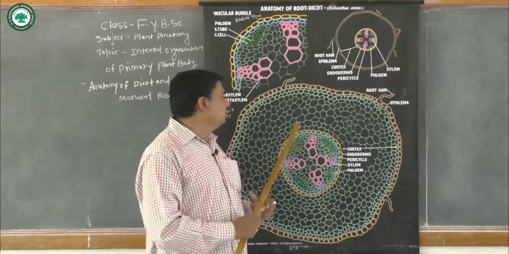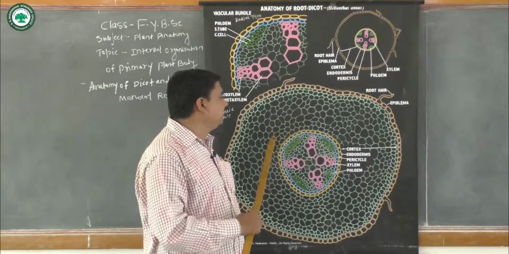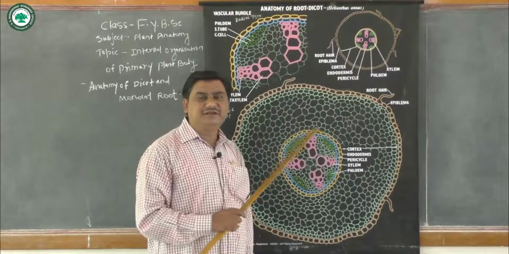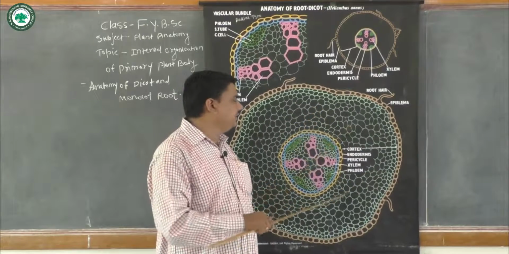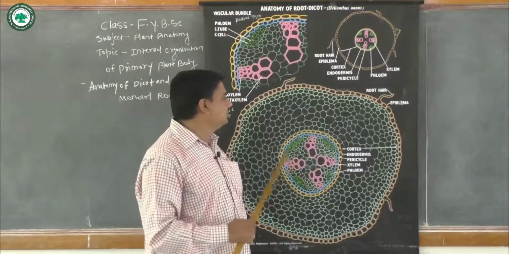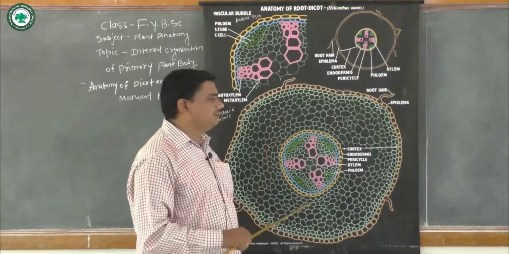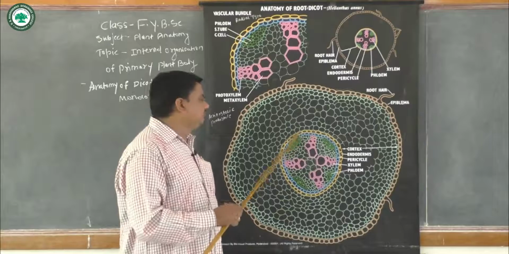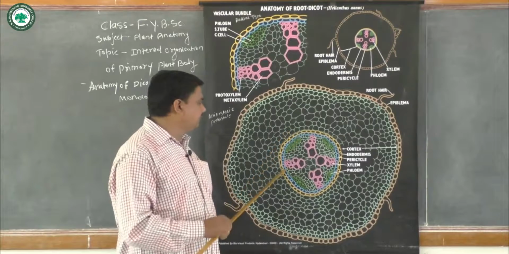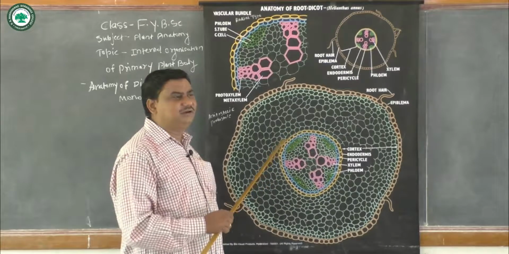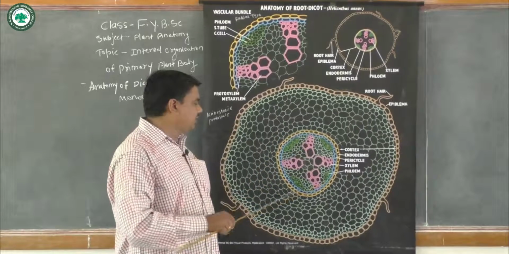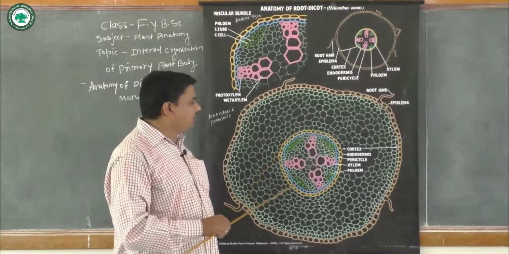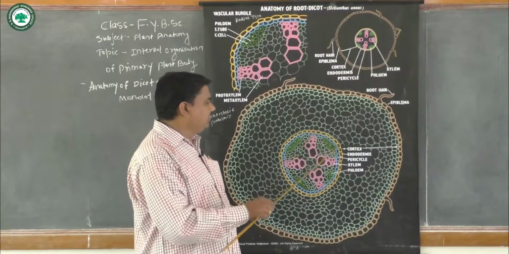They are loosely arranged cells, so there is intercellular space between them. This is the cortical region. And next to the cortical region, the endodermis is the last part of this cortex.